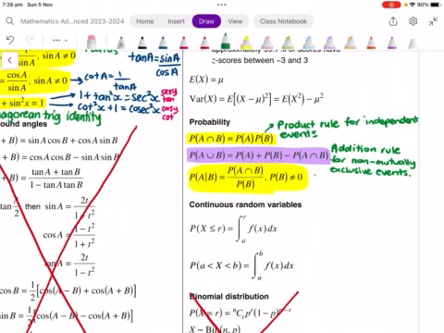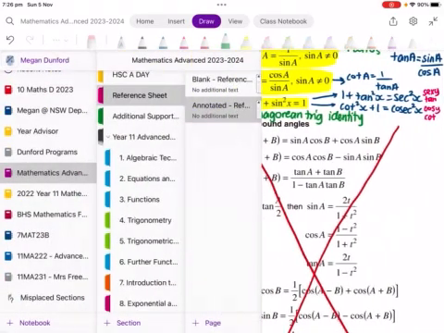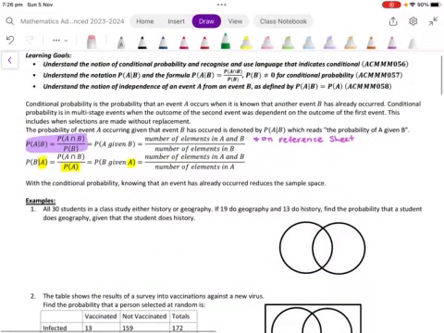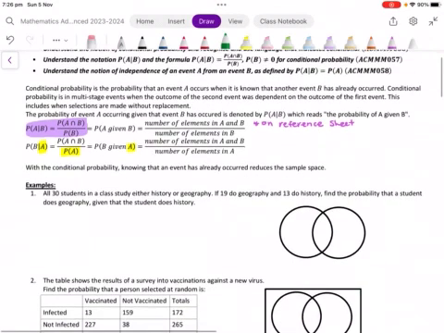So this is our conditional probability formula, the probability of A given B. Okay, back to our notes. With conditional probability, knowing that an event has already occurred reduces the sample space.